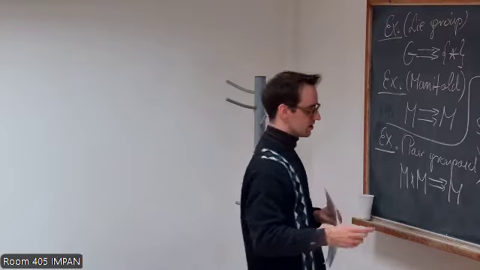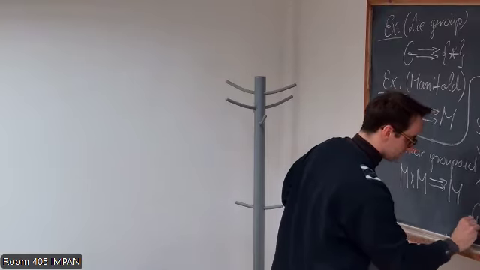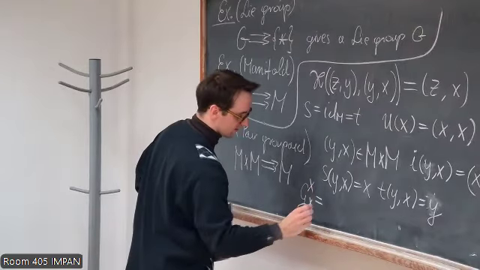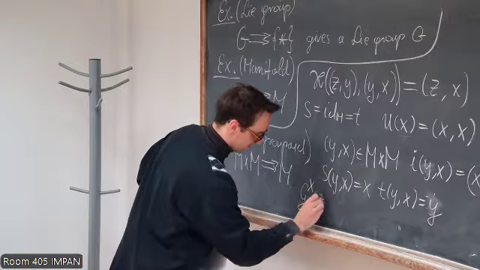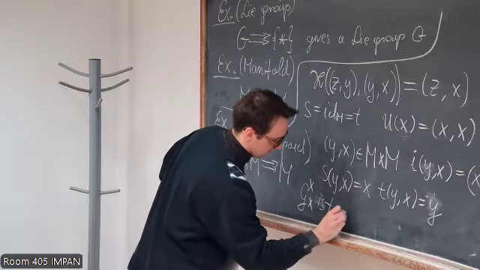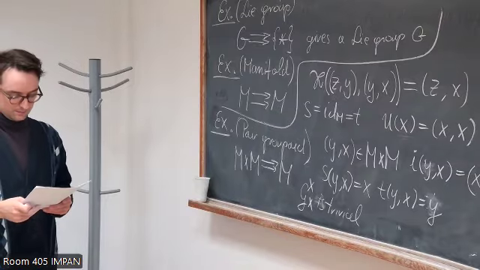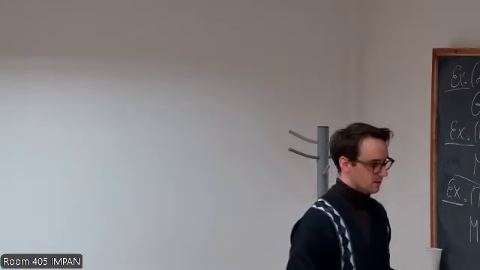And here the observation is that the vertex group of x is trivial. Okay.